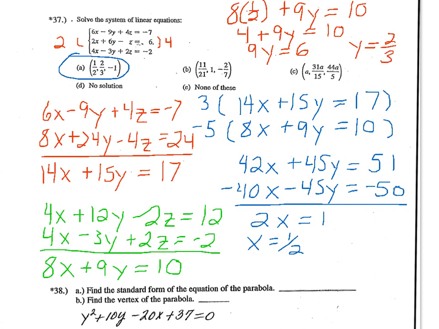And then finally, we want to take our x and our y and plug them back into one of the 3 variable equations and solve for z. So I'm going to take both of those and plug them into the second equation since the numbers are a little bit smaller.